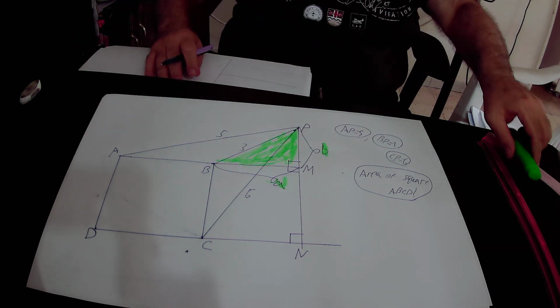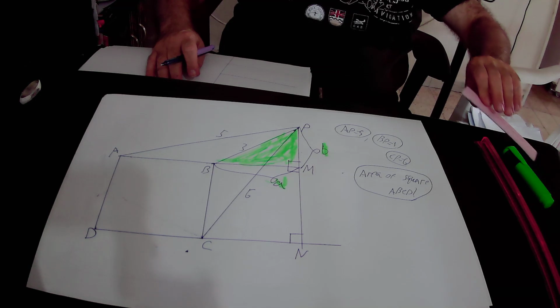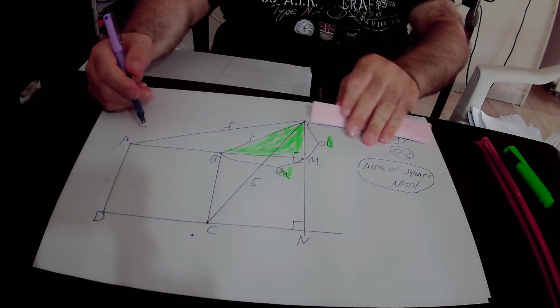We know that all the angles inside the square are right angles. So in square ABCD we have 4 right angles.